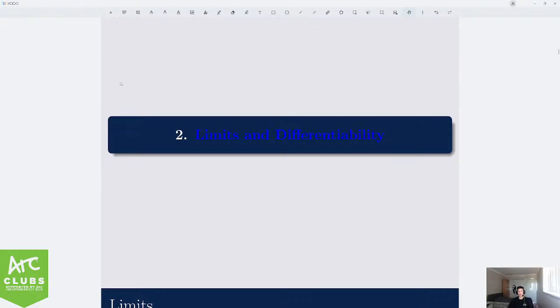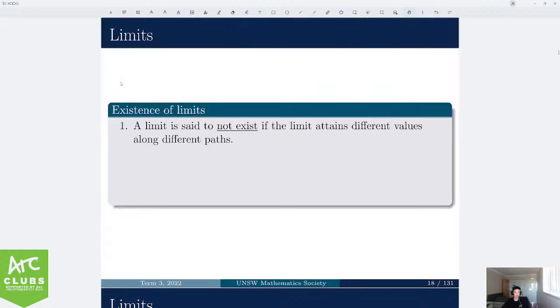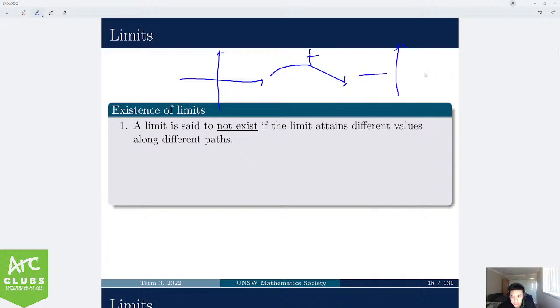Okay. Next part is going to include limits and differentiability. So, part 1: a limit is said to not exist if the limit attains different values along different paths. So, if we consider the input over here, we apply f to get an output. Say we're looking at the limit at this point over here.